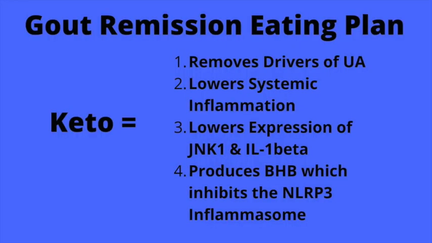By lowering inflammation, we necessarily are going to pull down the concentration of JNK1, which is a protein required for formation of the inflammasome, and we also lower the production of IL-1 beta. Both JNK1 and IL-1 beta are sitting at the top of the inflammatory cascade. So when we lower them, we lower the opportunity to move towards a gout flare.